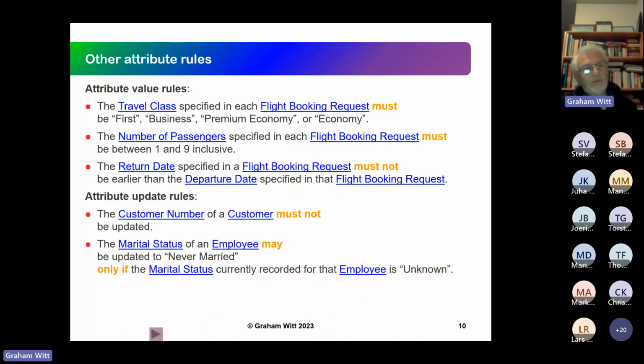And then, of course, whether or not an attribute can be updated. So a customer number must not be updated, or something may be updated in certain circumstances depending on its existing value. So you often get this sort of valid transition between value sets.